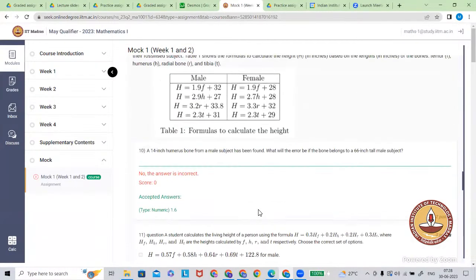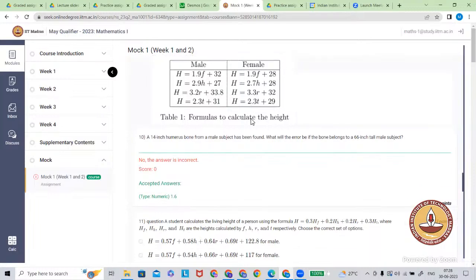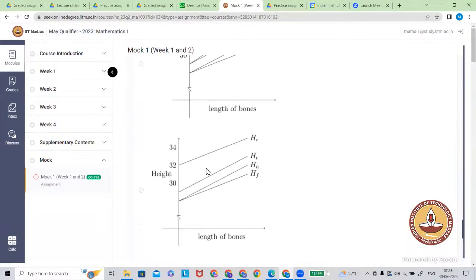So this is 2.3, only one has it. The second option, the third option, 2.3, because it has the separate 2.3. Two have the same and two have different. So this is going to be your option.